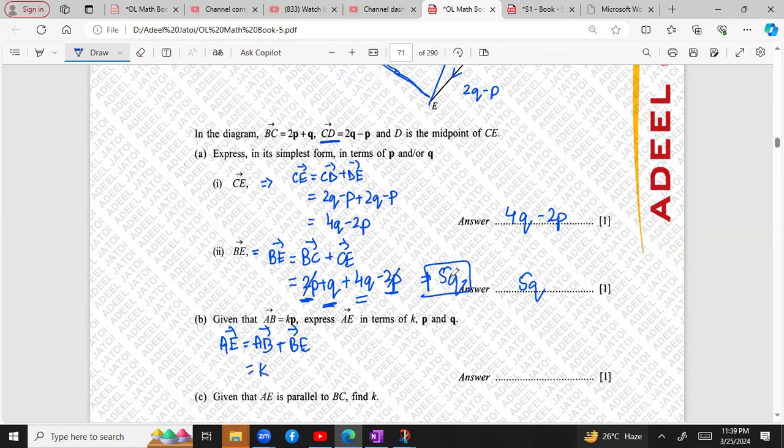AB vector is already given as KP and BE vector we already found in part A, which was 5Q. So AE will become KP plus 5Q.